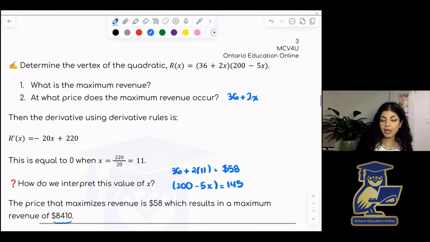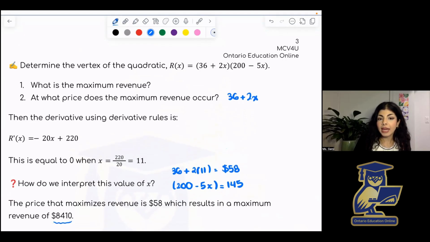And you should have found here as well that the vertex form would have given you 11 as your x, and then the profit would be the same.